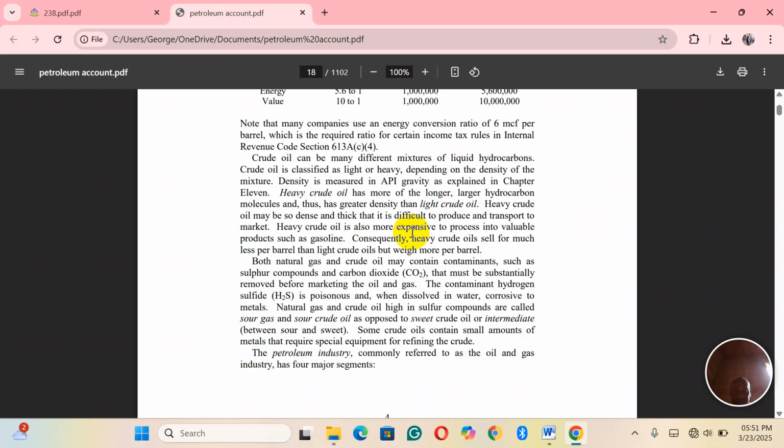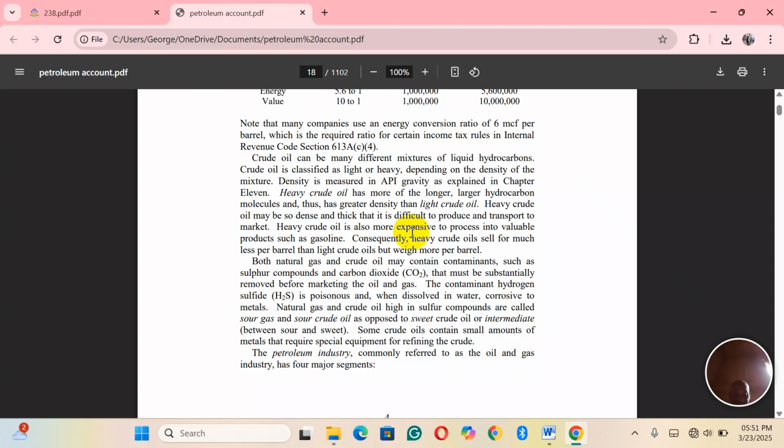Also the contaminant hydrogen sulfide, H2S, is poisonous and foul smelling. When dissolved in water, it is also corrosive to metal. So natural gas and crude oil high in sulfur compounds are called sour gas and sour crude oil, as opposed to sweet crude oil, or the intermediate between sour and sweet.